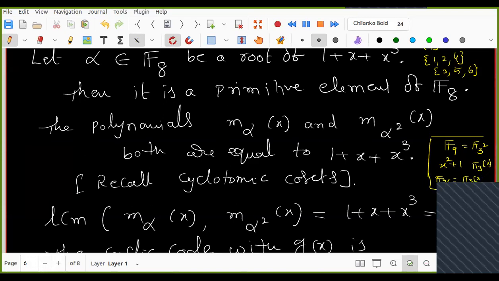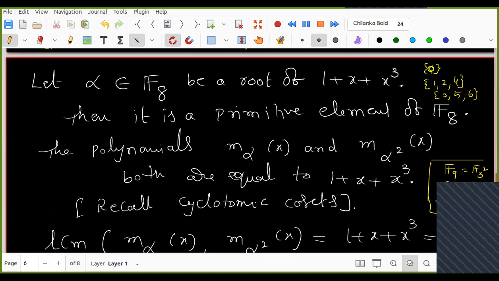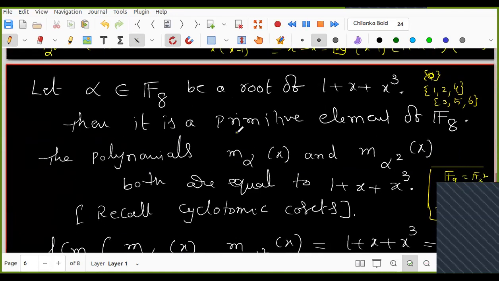So I'm just giving some caution. So F9 is actually this. But the root of x square plus 1 is no longer a primitive element. In general it does not happen, but here it is happening. That's what I want to convey.